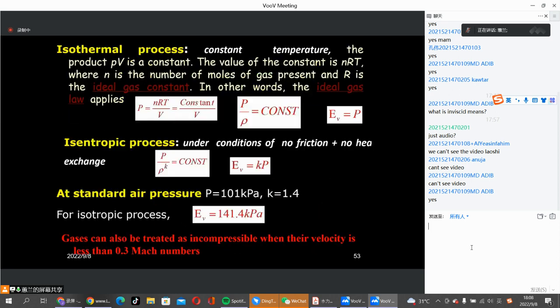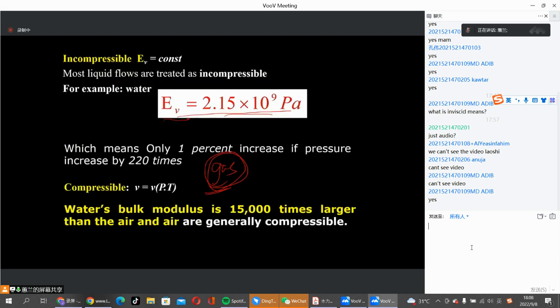For compressible and incompressible fluids, we will have very different performance. For example, we have the speed of sound. When I speak, you can hear me. Why can you hear me? Because when I speak, the pressure near my mouth changes, right?